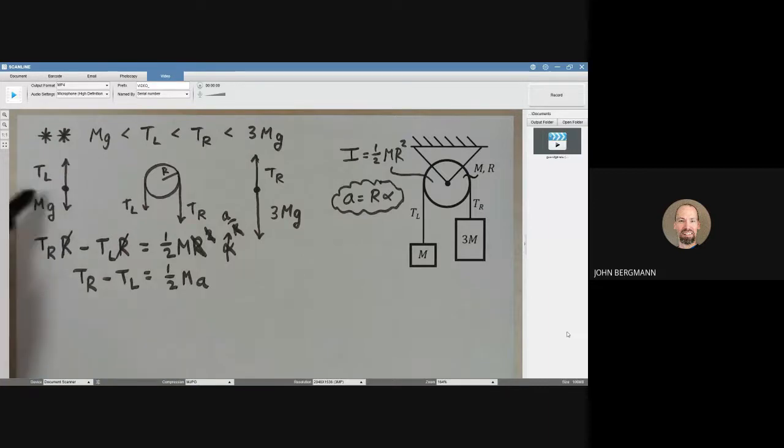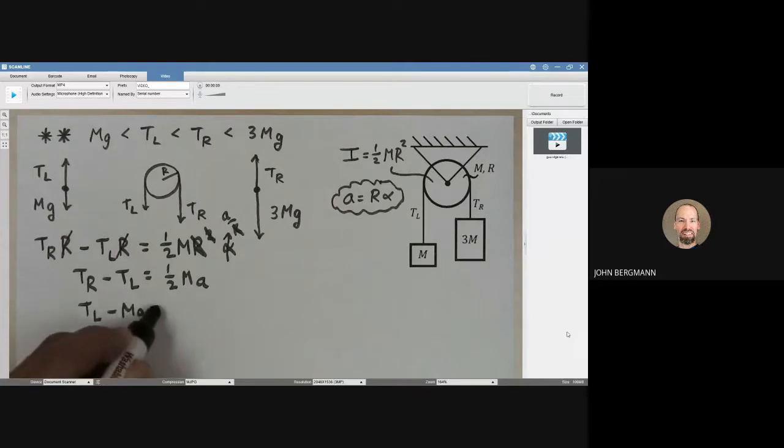Now let's use Newton's second law for translation for each of the two masses. So here we go. TL minus mg is equal to that mass m times the acceleration. That's from this free body diagram.